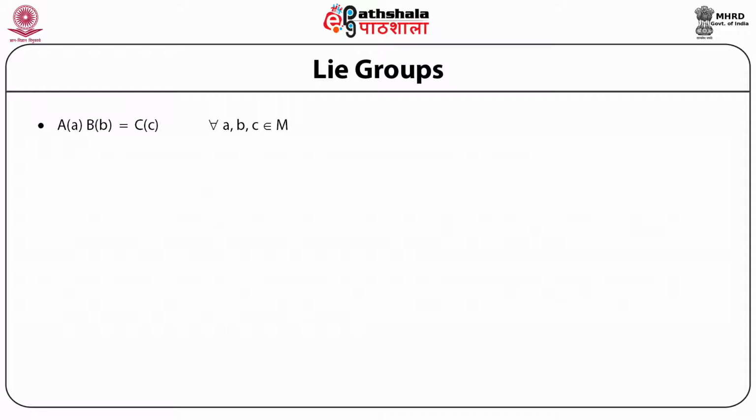That is, a, b, c are points in the parameter space, and the elements of the continuous group, which are functions of these parameters, satisfy the group multiplication law.